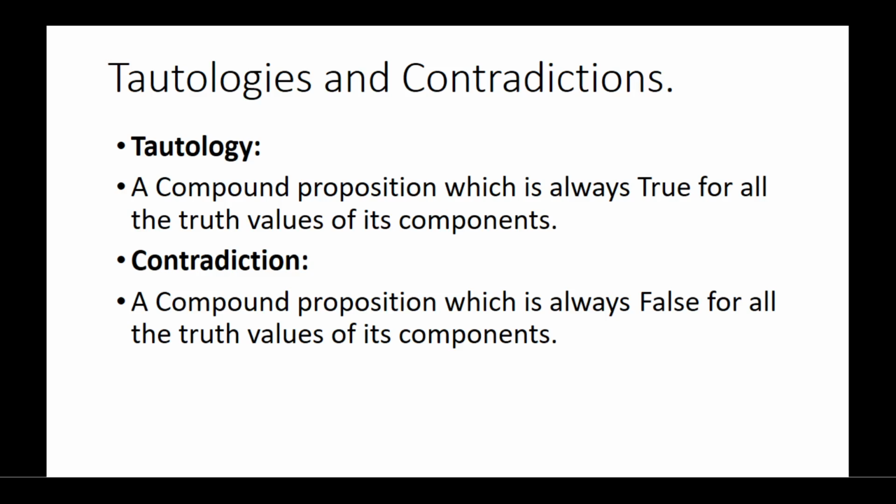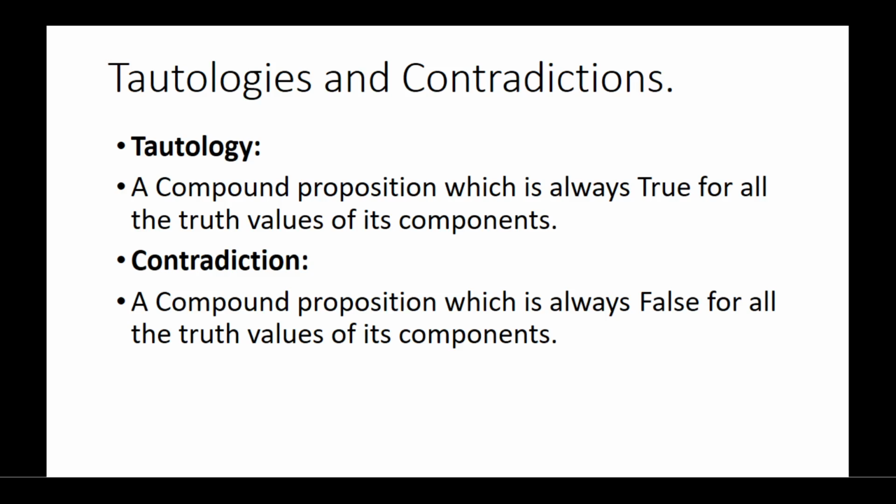A tautology is a compound proposition which is always true. If you give any values for its components, true-true, true-false, false-true, false-false, then the truth value of the compound proposition is always true. Suppose P and Q are two propositions.